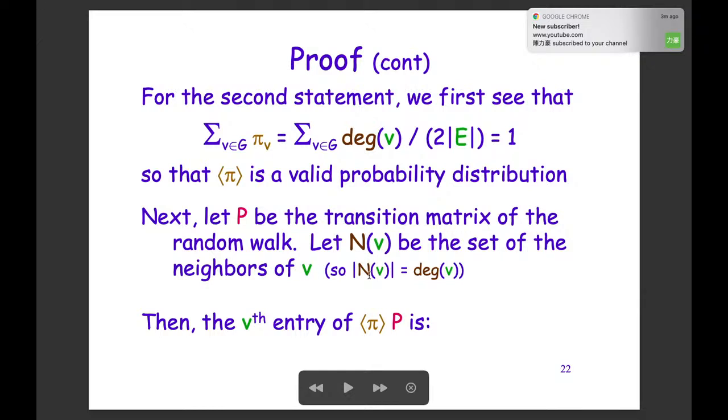That means the size of N(v), the number of neighbors, is exactly the degree of v.